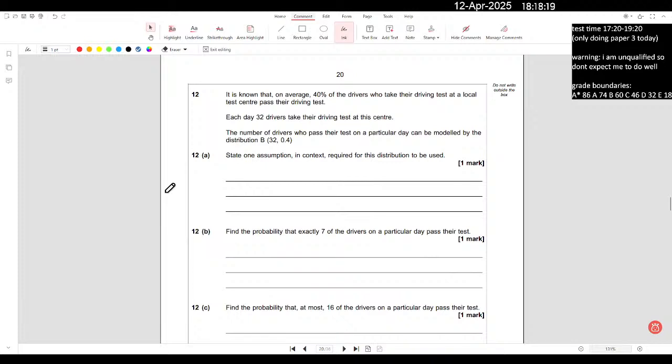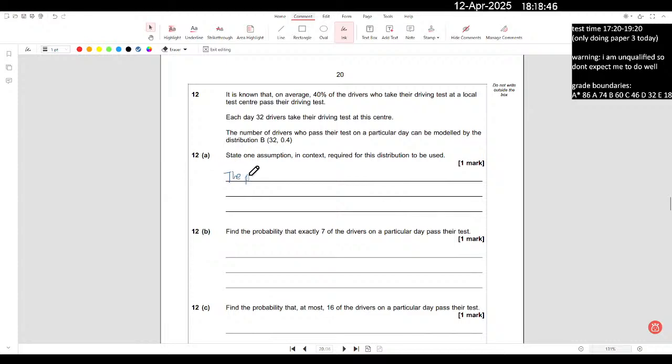It is known that on average 40% of the drivers who take their driving test at a local test center pass their driving test. Each day 32 drivers take their driving test at this center. The number of drivers who pass their tests on a particular day can be modeled by the distribution B(32, 0.4), so it's a binomial distribution. State one assumption in context required for this distribution to be used.